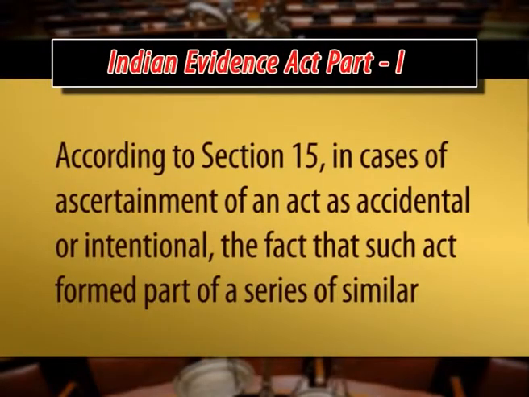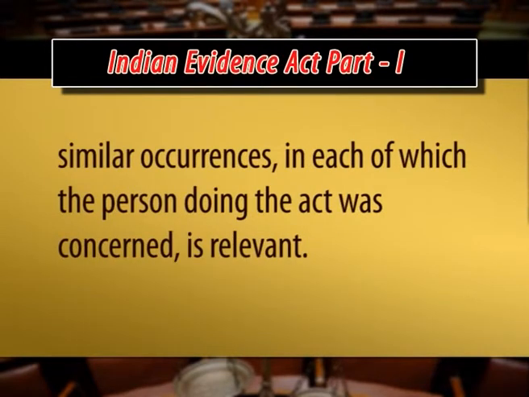According to Section 15, in cases of ascertaining whether an act is accidental or intentional, the fact that such act formed part of a series of similar occurrences, in each of which the person doing the act was concerned, is relevant.